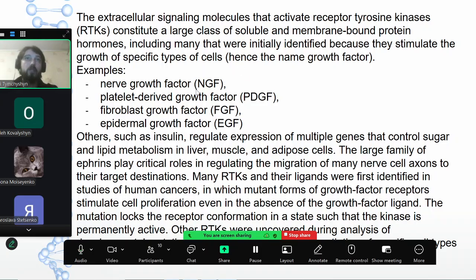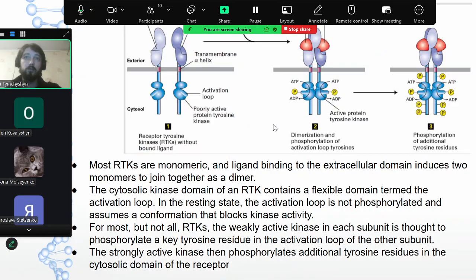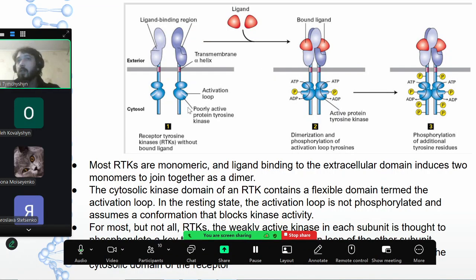If you hear growth factor, it's probably something that influences the RTK, the receptor tyrosine kinase. Some examples: nerve growth factor, fibroblast growth factor, and so on. Insulin as well regulates expression of multiple genes that control sugar and lipid metabolism in liver, muscle, and adipose cells. So you will see these sorts of receptors in many cases.